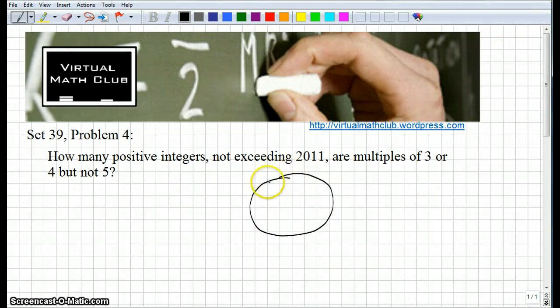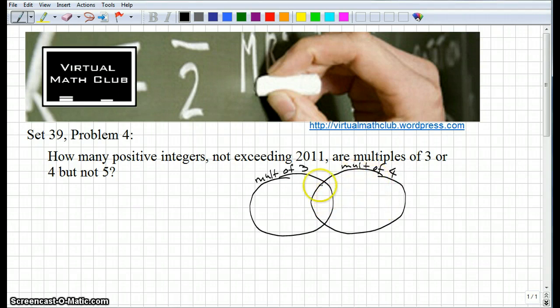Alright, so let's call this the set of all multiples of 3. Then we have another set, and let's say this is the multiples of 4. Some of the multiples of 3 are also multiples of 4, like 12, and the other way around.